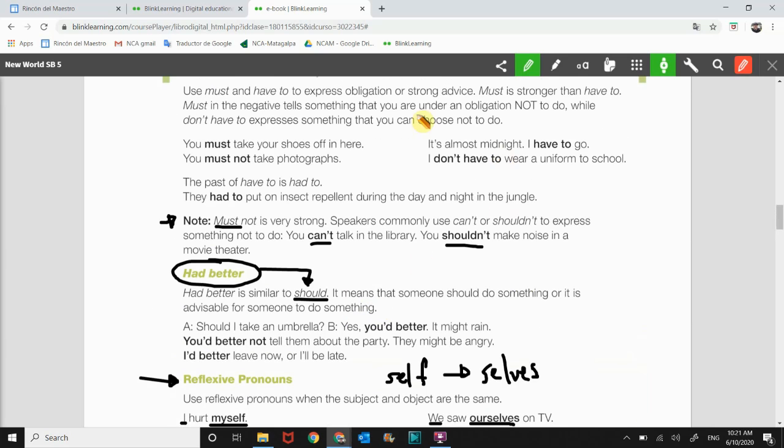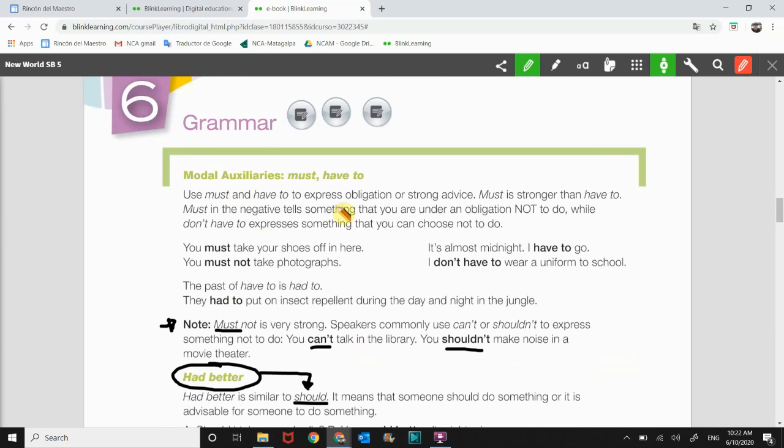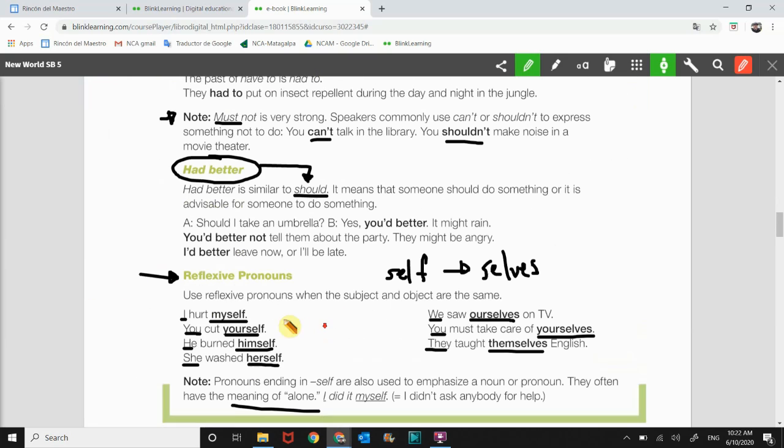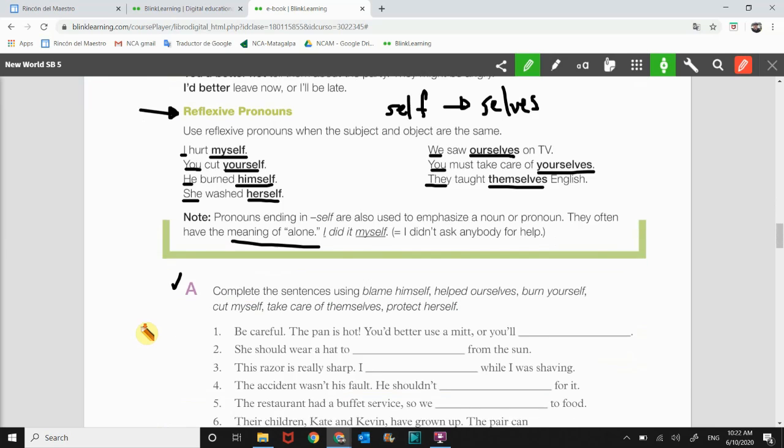So that is the grammar lesson for right now. So must and have to, had better, and reflexive pronouns. That's a lot. Don't worry about it. Let's just work through these exercises. And when we have classes again, normal classes, I should say, we'll practice this more.